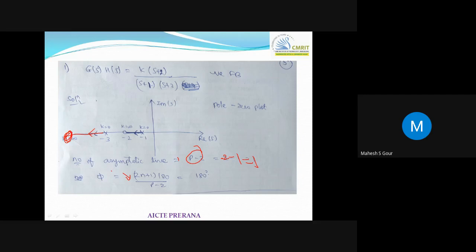This will start from here and terminate at this point. There should be one more zero here, s plus 4 if I take, correct? So it will terminate at 0, that is at minus 4. Now how many asymptotic lines will come? That is P minus Z, that is 2 minus 2, which is 0.